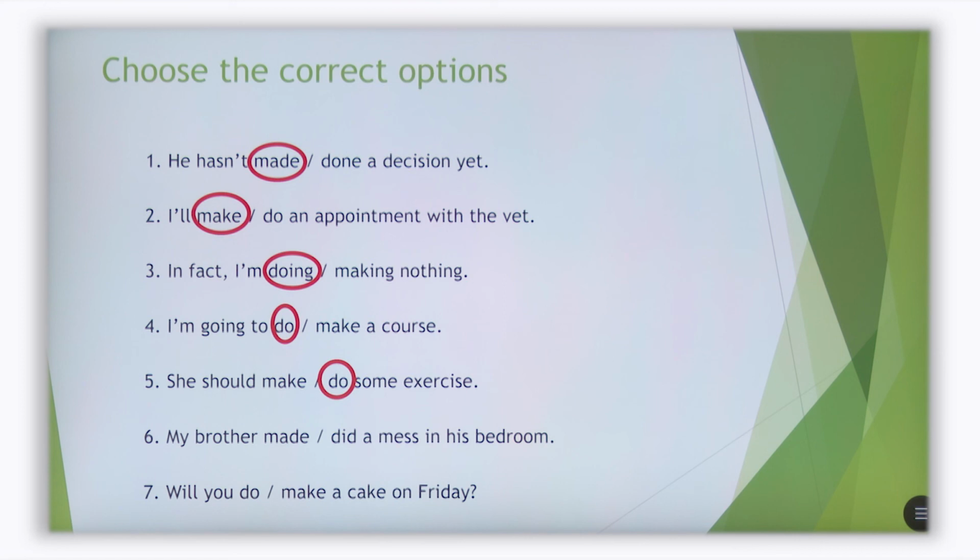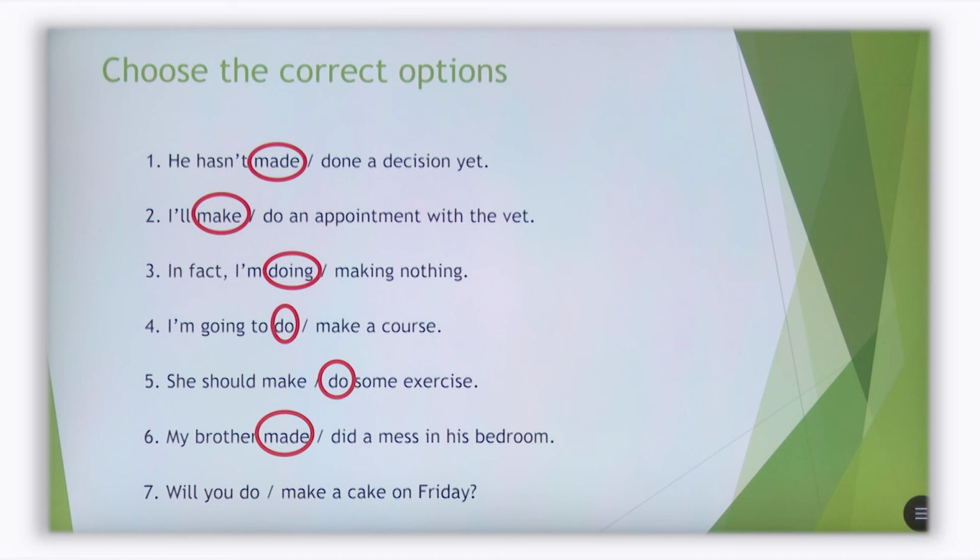Number 6, my brother made or my brother did a mess in his bedroom. Which of the options would you use in this case? My brother made a mess in his bedroom. Now we have the last sentence here.